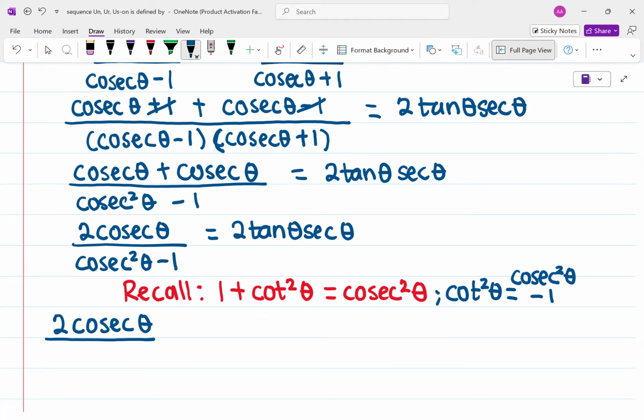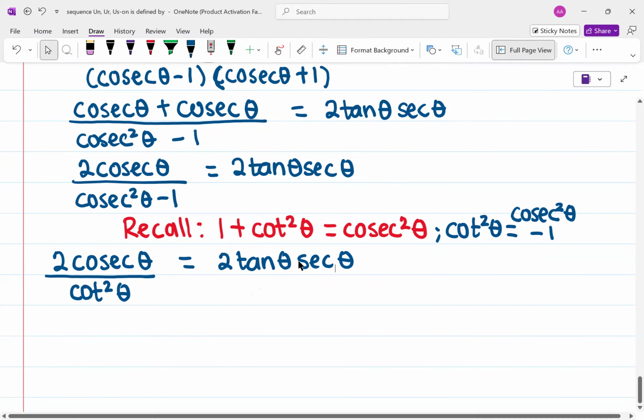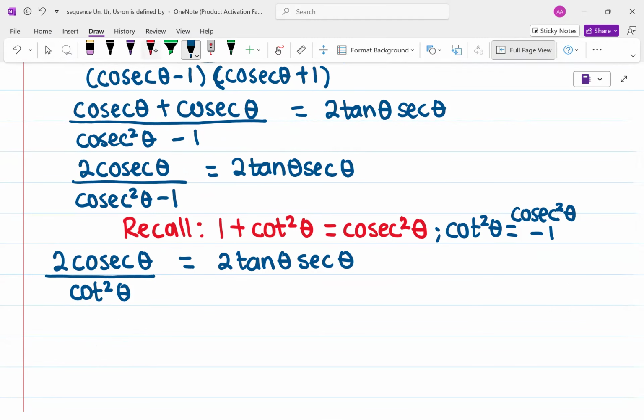So this will become 2 cosec theta over cot square theta equals 2 tan theta sec theta. If you look at it now, I have cosec theta on my left-hand side, and tan theta and sec theta on my right-hand side.